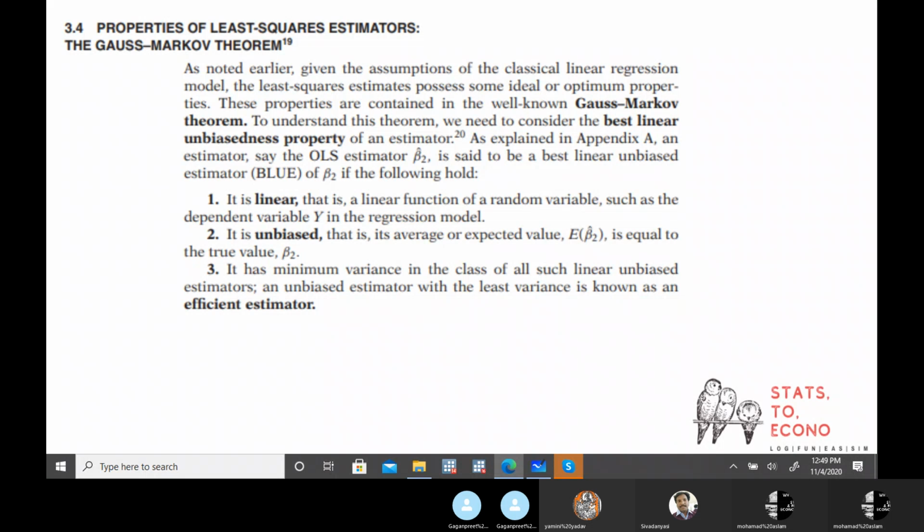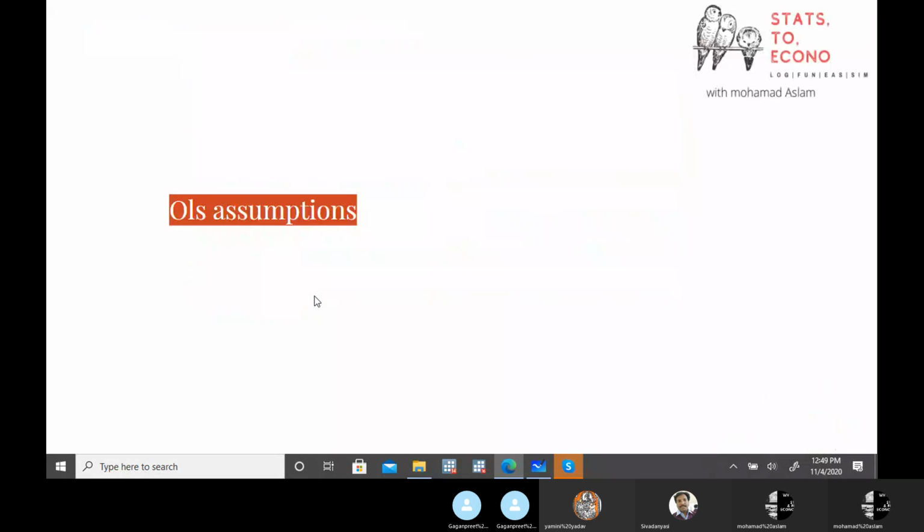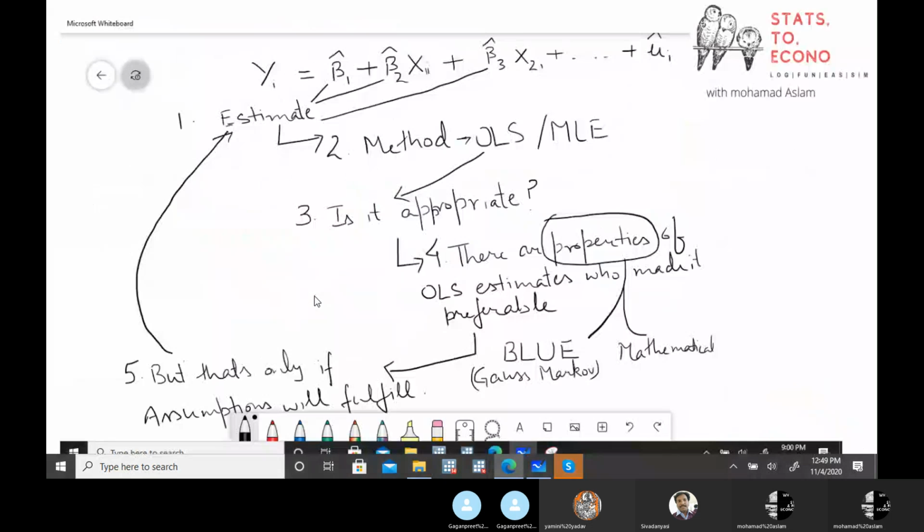And maybe any one of you watching these videos for exam purposes, for a master's and so on, they might ask these derivations in the final exam. So you need them in detail. If it's only about the applied part, then you don't have to cram this derivation, but just try to understand that these properties are proved for the OLS estimates. That's the reason we prefer OLS estimates.